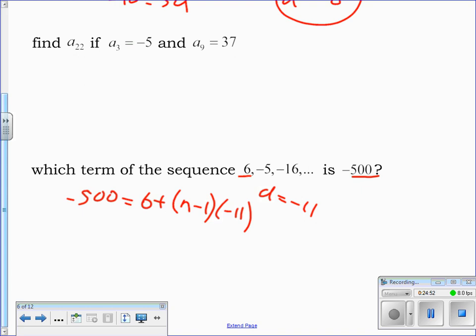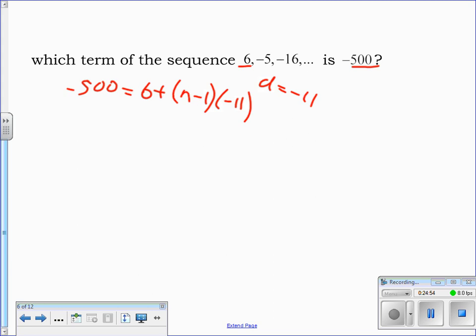So I'm going to move this up to the top to get a little more room to work. Negative 500 equals 6 minus 11n plus 11, distribute the negative 11, right? So negative 500 equals negative 11n plus 17. I think you guys know how to do that, right?